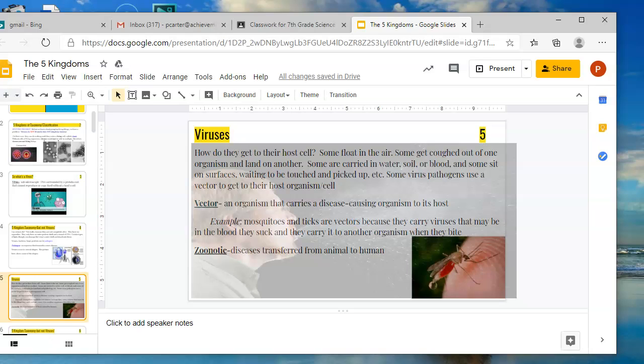What is a vector? It's an organism that carries a disease-causing organism to its host. Example: mosquitoes and ticks are vectors because they carry viruses that may be in the blood they suck, and they carry them to another organism when they bite. Zoonotic: diseases transferred from animal to human.